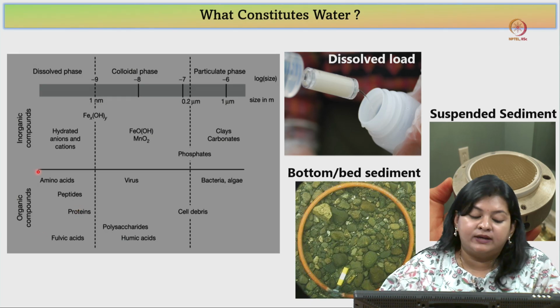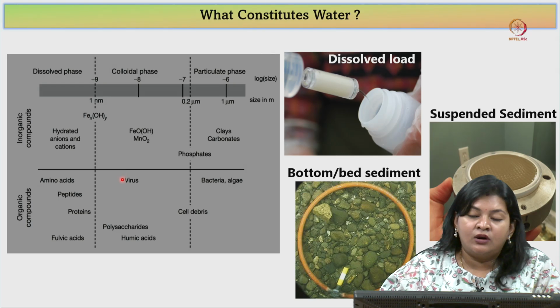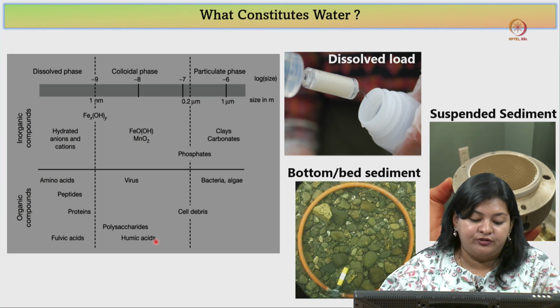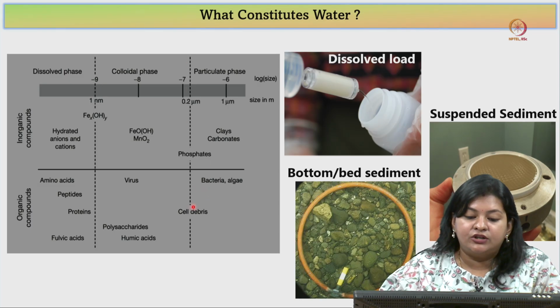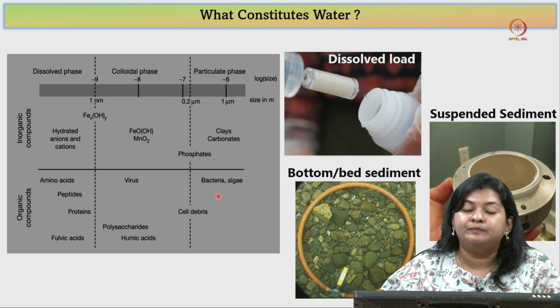In terms of organics, amino acids, peptides, proteins and fulvic acids are absolutely dissolved. In the colloidal scale you can find viruses, some polysaccharides, which are a form of carbohydrate, and complex humic acids, larger molecules. In the particulate phase you will mostly find algae, bacteria and cell debris.